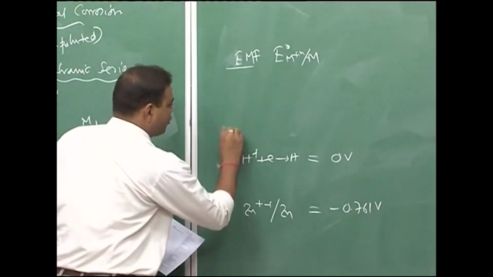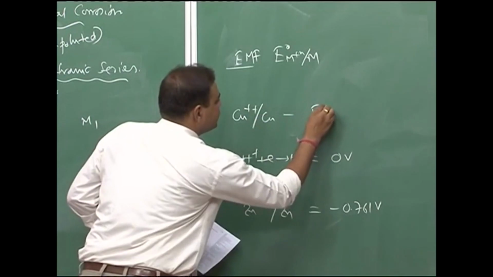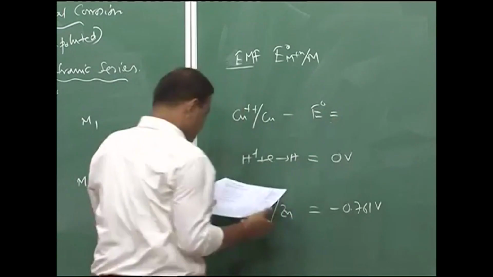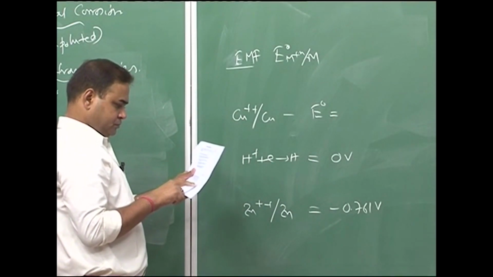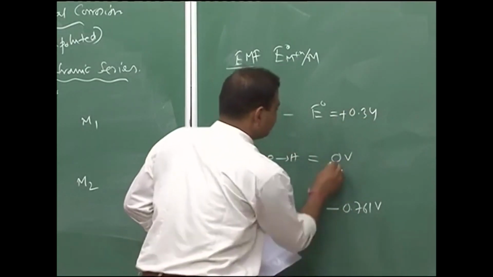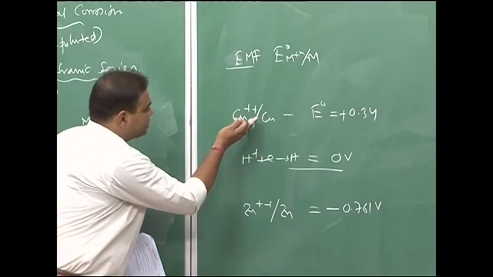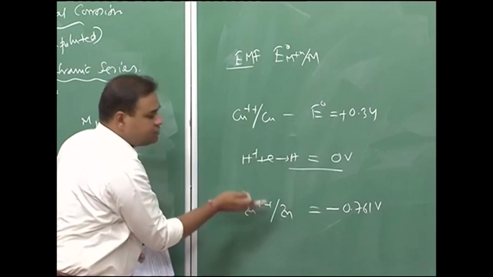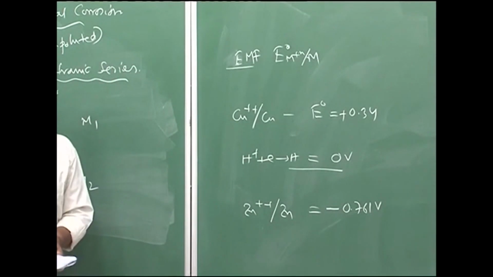And if you see copper, there E0 would be equal to plus 0.34. This is plus, this is minus, and this is 0. So, according to this EMF series, pure copper will be noble compared to pure zinc, and that situation arises when it is a non-corroding situation.